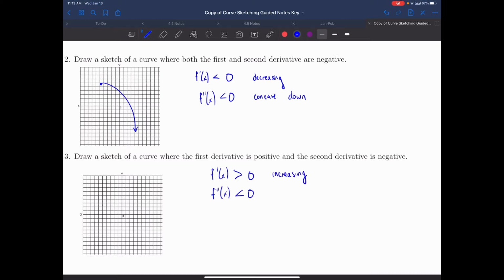And if you have a negative second derivative, it is concave down. These basic exercises are just to help you visualize what these might look like. So a function that is increasing and concave down. It's going to go up, but it is concave downward.